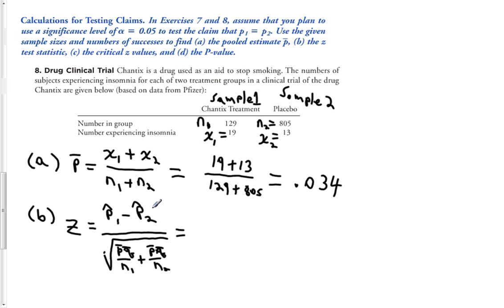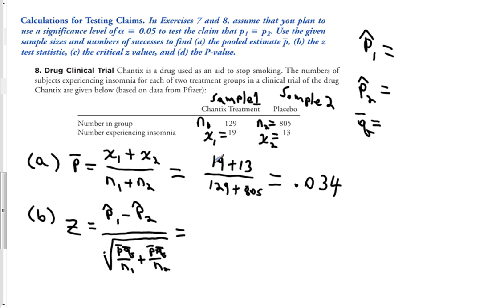The things that we haven't found yet are p hat 1 and p hat 2. We need those in order to calculate the formula. We have p bar, and we would also need q bar, but that's not going to be bad because that's just 1 minus p bar.